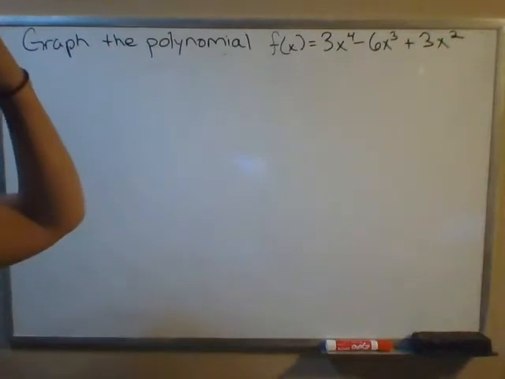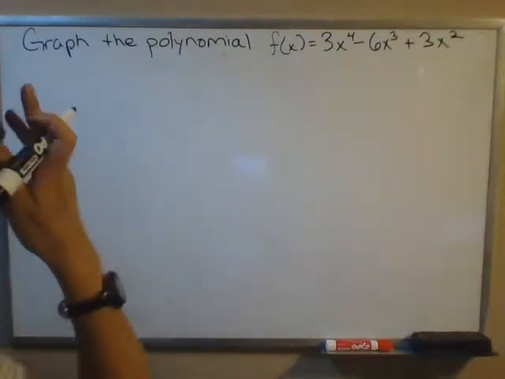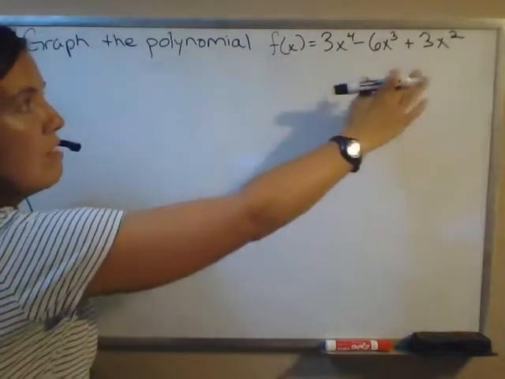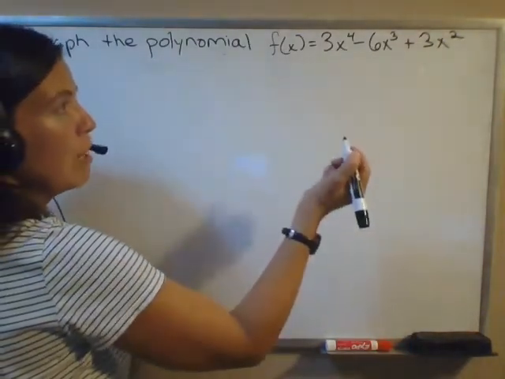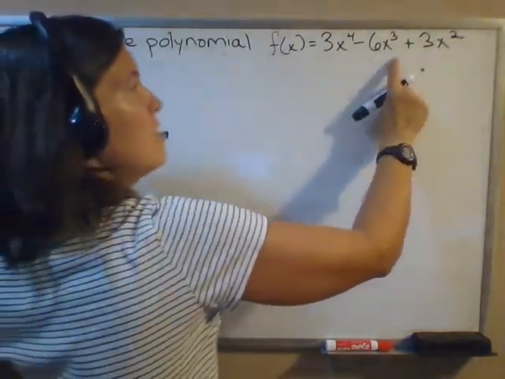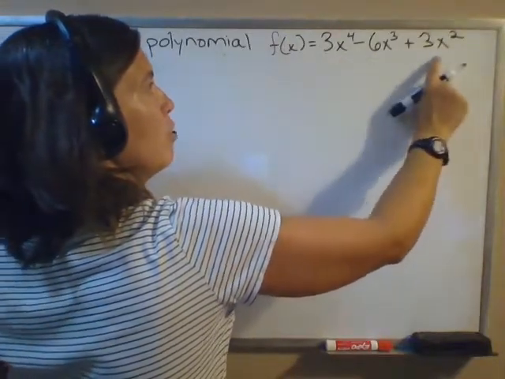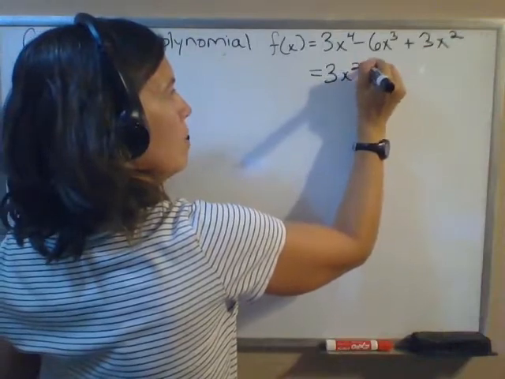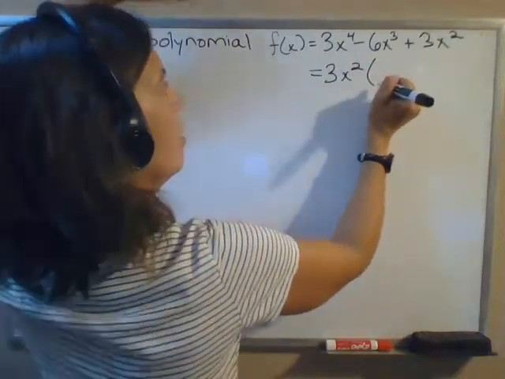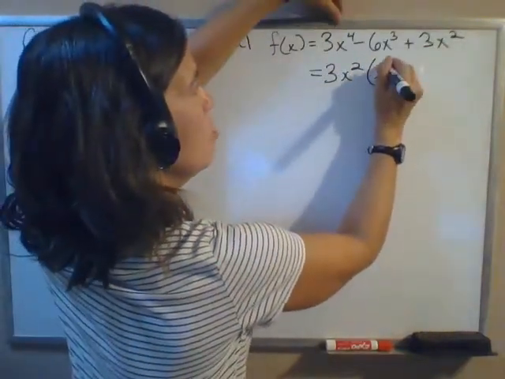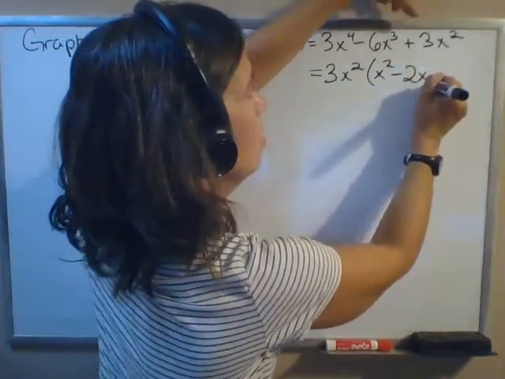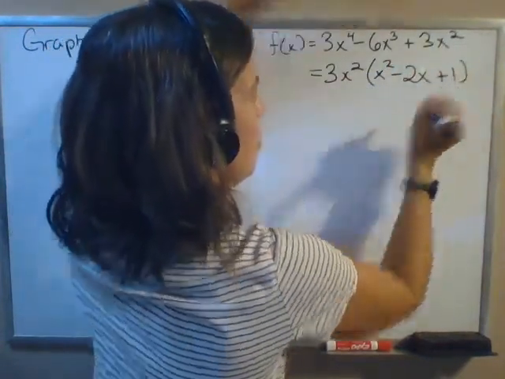Same deal, we want to graph the polynomial. Well, you're definitely going to want the factored form for that polynomial. I mean, it's nice to have the expanded form as well, but we're going to want the factored form. One nice thing that we notice here, there's a common factor of 3x squared. So we can factor out 3x squared. If we do that, the remaining factor would be x squared - 2x plus 1.